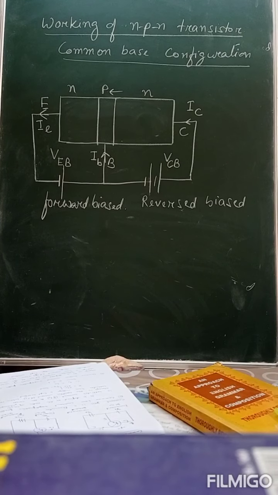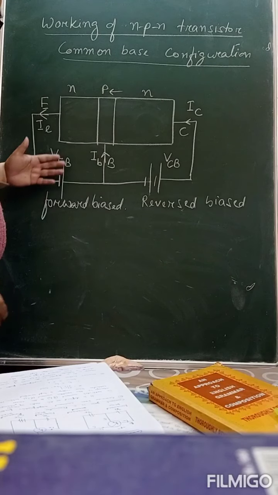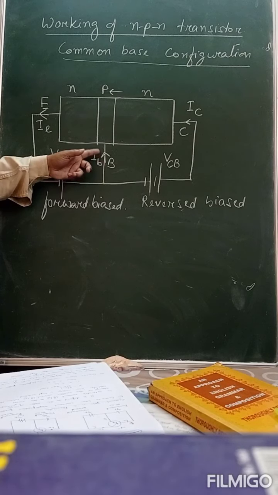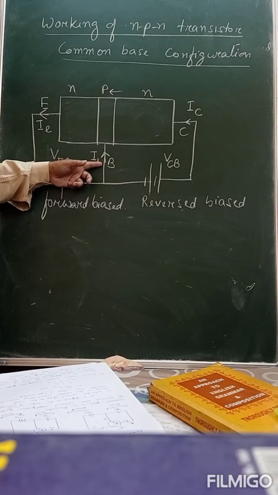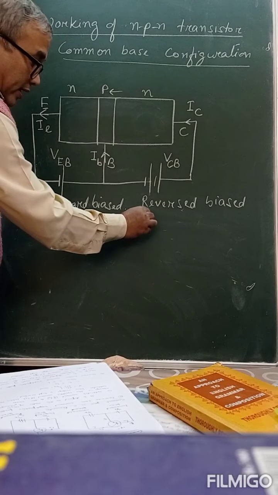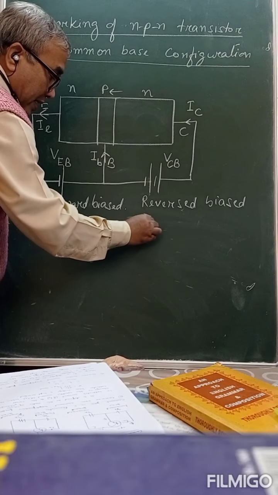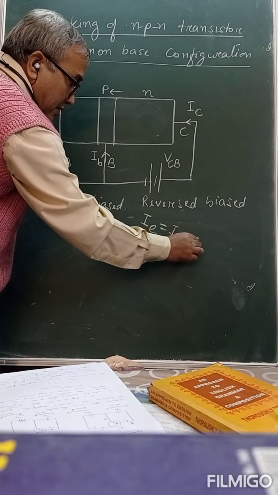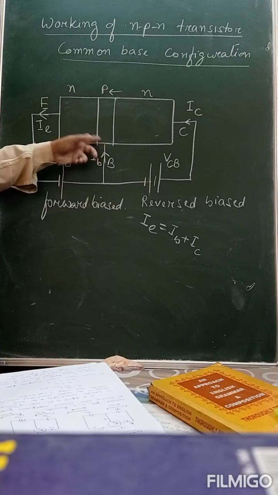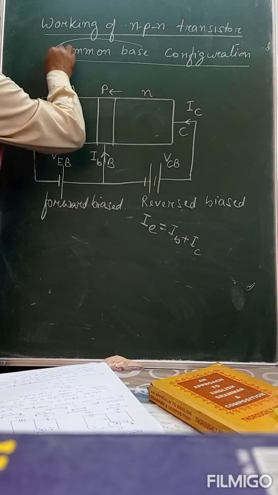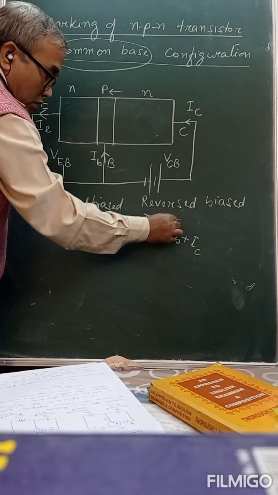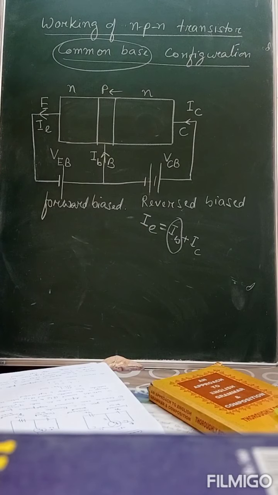Now, in the common base case, since the base is common, we generally never consider the change of base current. We already know that emitter current is equal to base current plus collector current. Since in this common base configuration the base is common, we do not consider the change of base current.